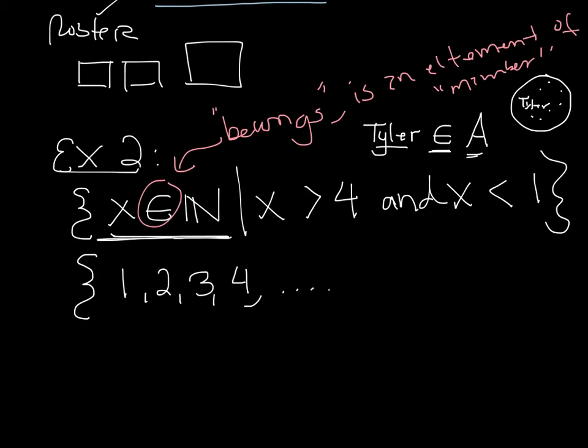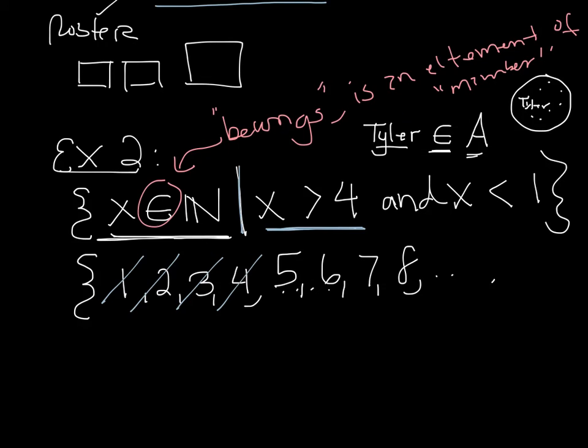But they say specifically, x is a natural number such that x is greater than 4. If it's strictly greater than 4, then these guys are not here, because it's got to be 5, 6, 7, 8, and you keep going.